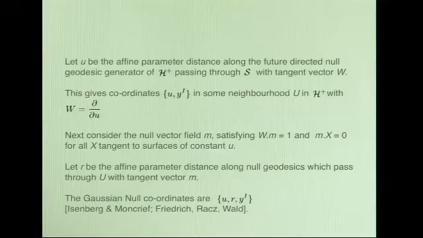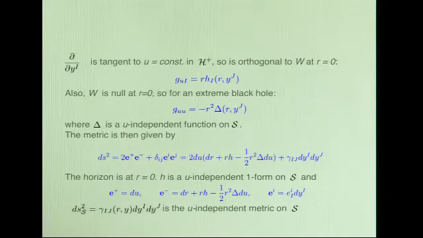We then construct a null vector field M satisfying W·M equal to 1 and M·X equal to 0 for X tangent to surfaces of constant u, and we let r be the affine parameter distance along null geodesics which have this as a tangent vector. At the end of the day, the Gaussian null coordinates are u, r and y^i, and the metric has some special structure when you use these coordinates.